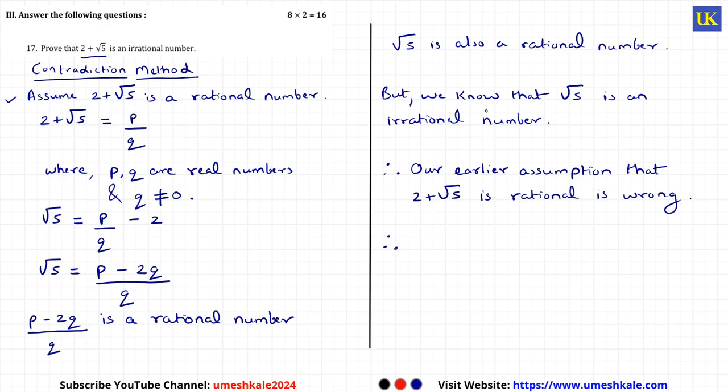Until here, when we solved, we got that root 5 is rational, but we know that any prime number inside a square root is an irrational number. So there is a contradiction here. Our earlier assumption that 2 plus root 5 is rational is wrong. Therefore, 2 plus root 5 is irrational. So like this we prove this particular question.